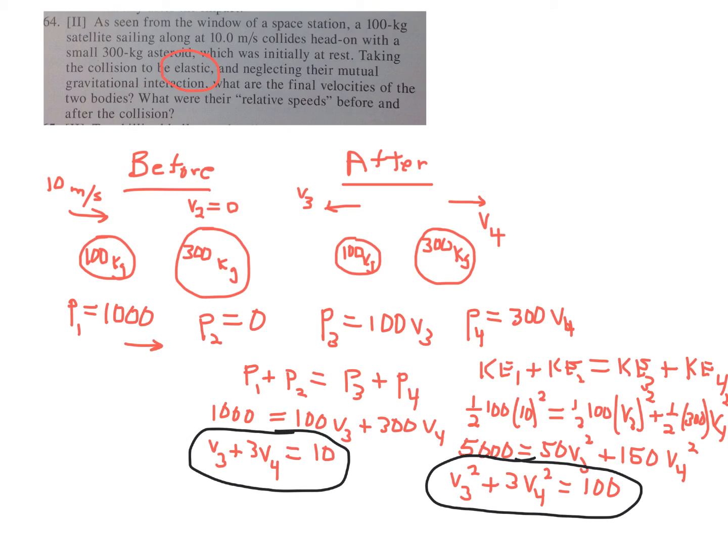In other words, I'm going to have v sub 3 equals 10 minus 3 v sub 4. I'm going to plug that, I'll circle that, in for v sub 3, and I'm going to have to square a binomial. We haven't done this in a while. I'm going to go to the top of the page here.